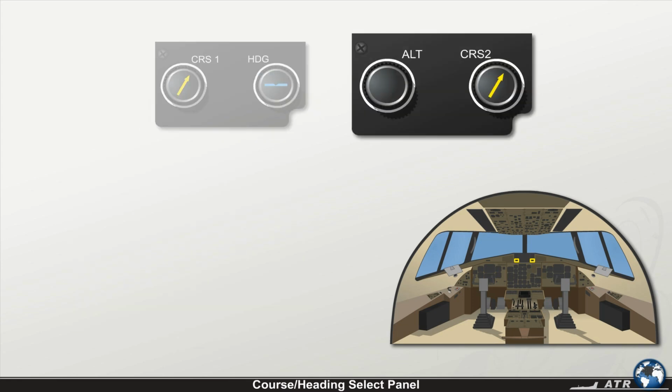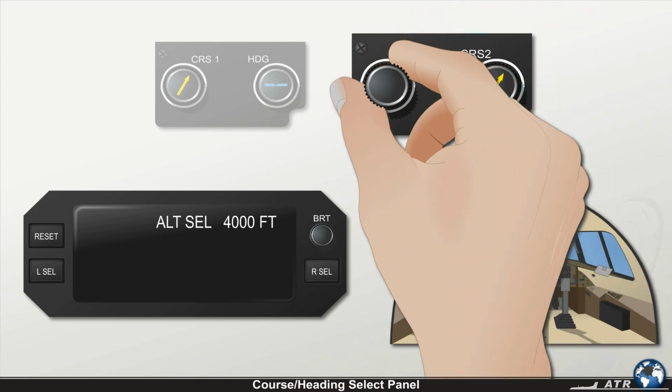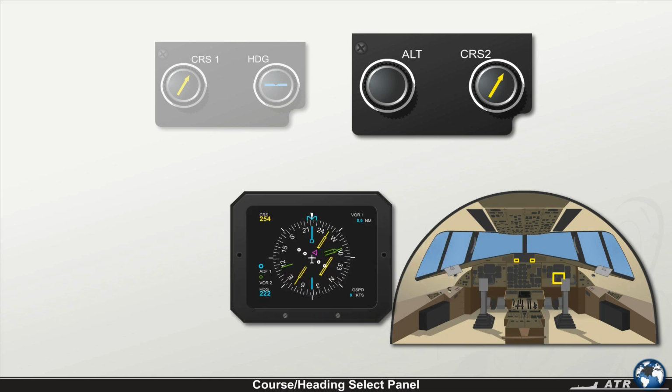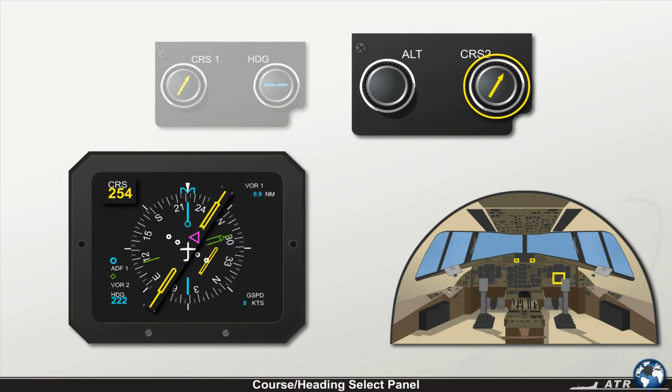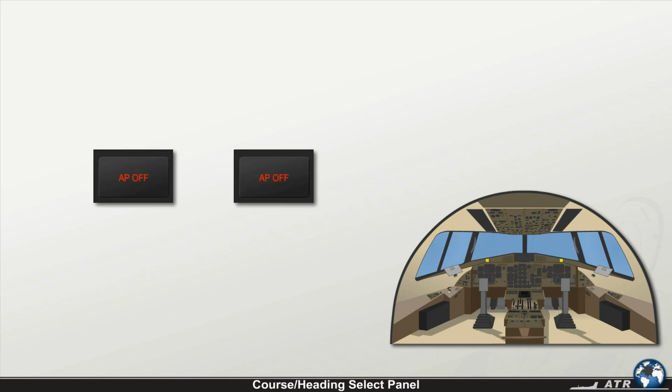The Altitude Course Select panel is used to change the selected altitude, which is displayed on the ADU, and select the course on the First Officer's EHSI. The autopilot off lights are used to provide the crew with a visual indication of autopilot disengagement. At the same time, the cavalry charge audio warning will be generated.